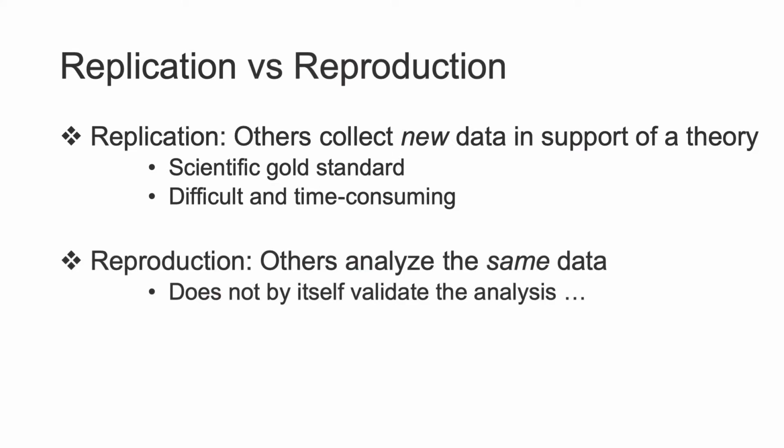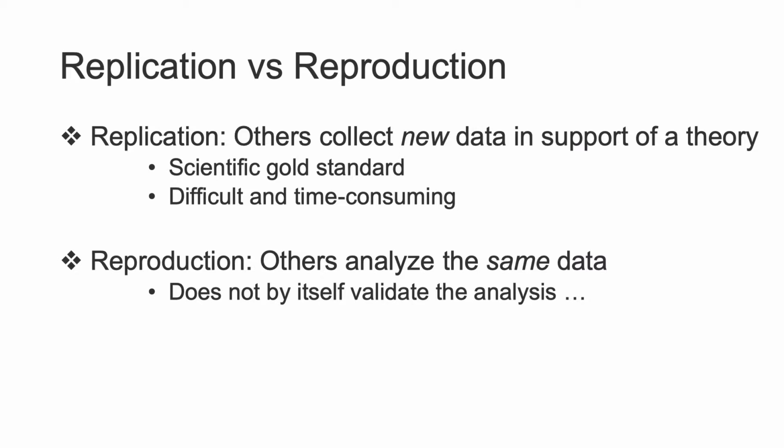When it comes to data analysis, a more modest but necessary quality check has to be met, and that's reproduction, right? When we have reproduction, that means that another person can regenerate the same exact results, the same figures, the same statistical test results without any involvement from the original analyzer of the data. In short, the analysis should stand on its own.